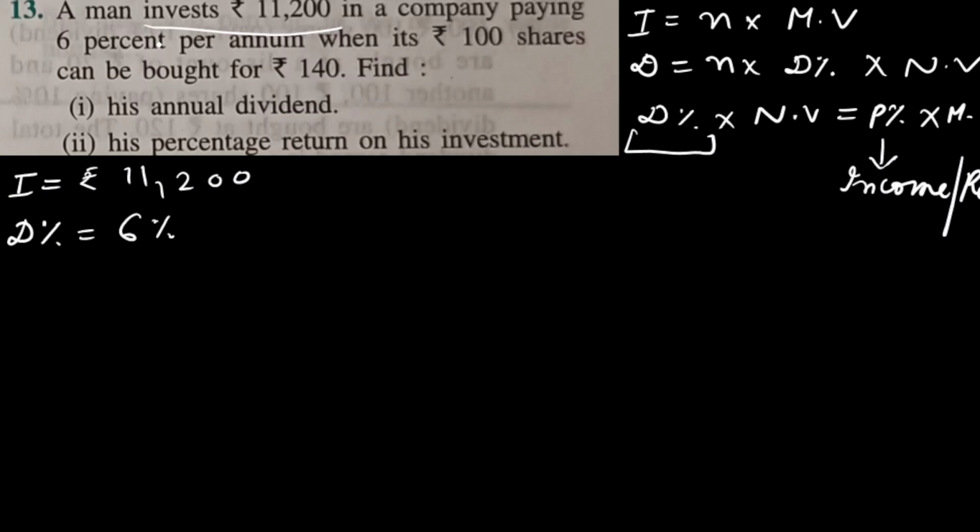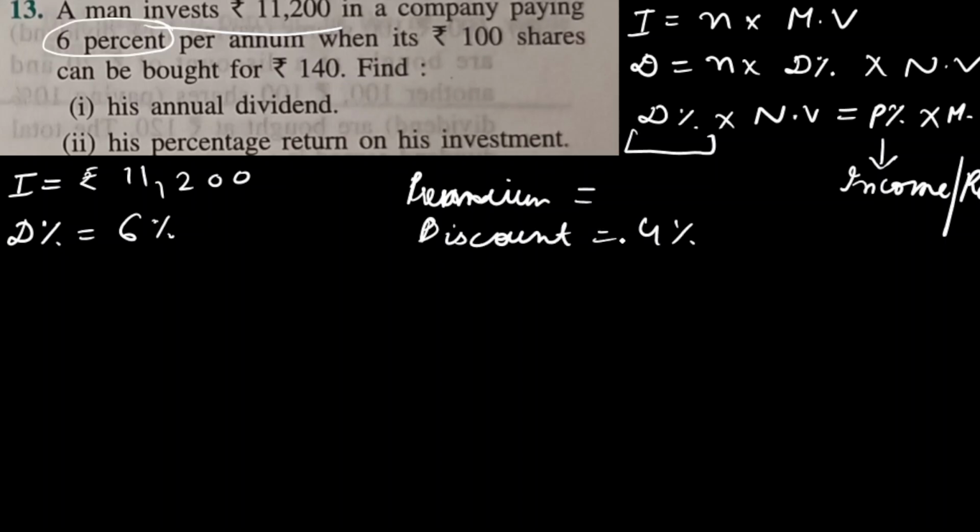You have to remember that with any percent, if it is not mentioned what it is, it's always dividend percent. If premium percent is given, it will always be mentioned premium of 10%. If discount percent is given, it will always be mentioned discount of 4% or any percent.